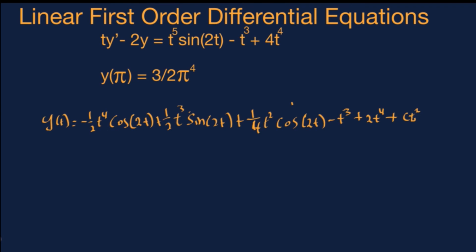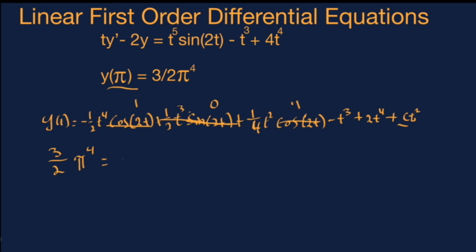So now that we have our general solution, we can work on solving the particular solution that satisfies our initial condition. And we start by plugging into the general solution the initial value and solve for the unknown constant c. And so when we do that, we get 3/2 times pi to the 4th is equal to, now over here cosine of 2 pi becomes 1 and sine of 2 pi is 0, so this whole thing actually cancels out and this will be 1.